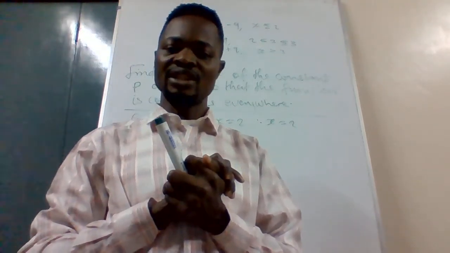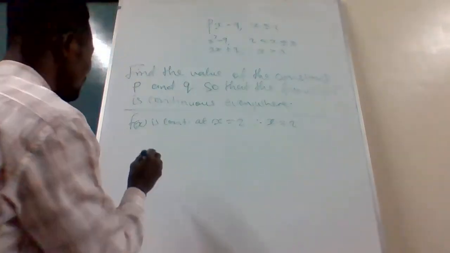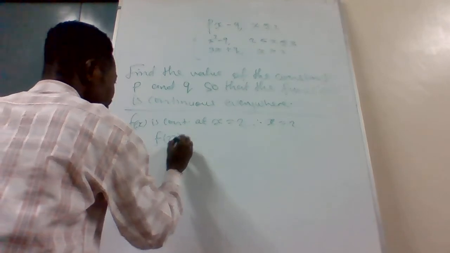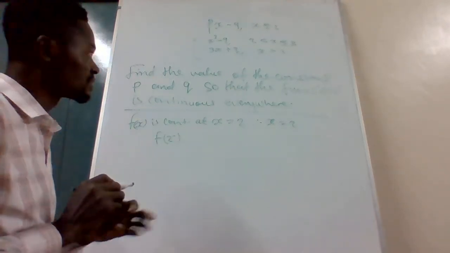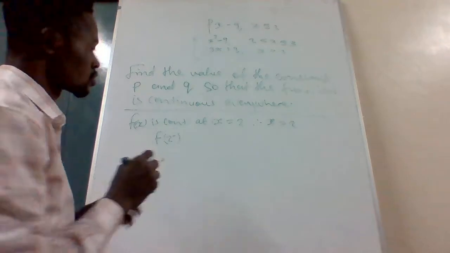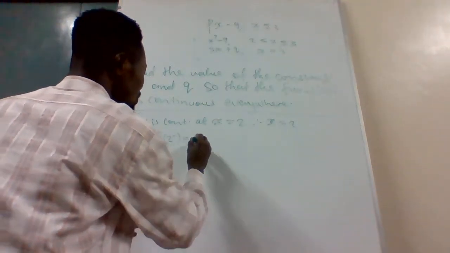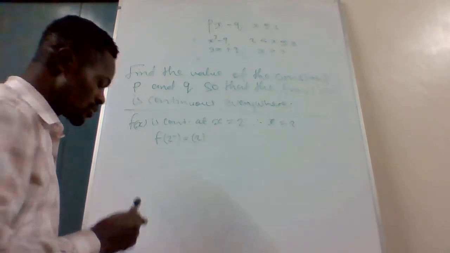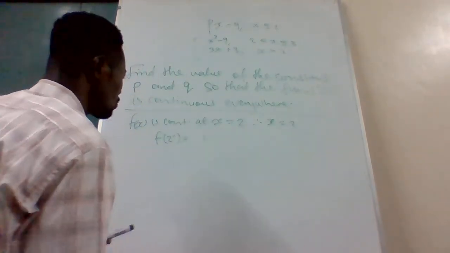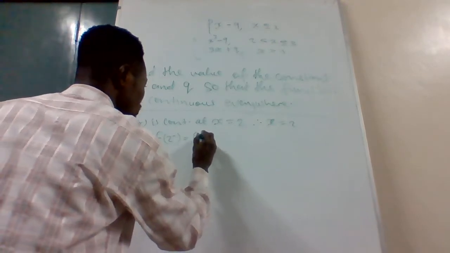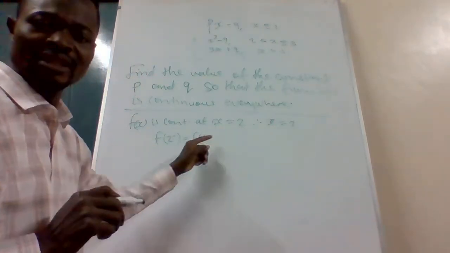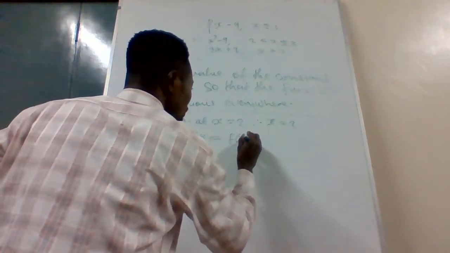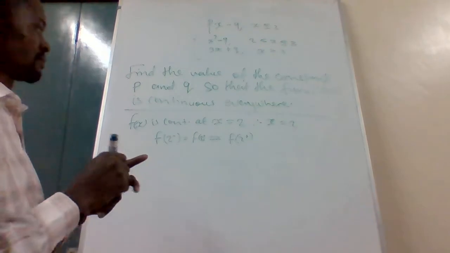And if it is equal to 2, we know now that we need to replace f of 2 from the negative side. f of 2 from the negative side is also 2. So f of 2 is equal to 2, or you can write f of 2 is equal to f of 2 from the positive.